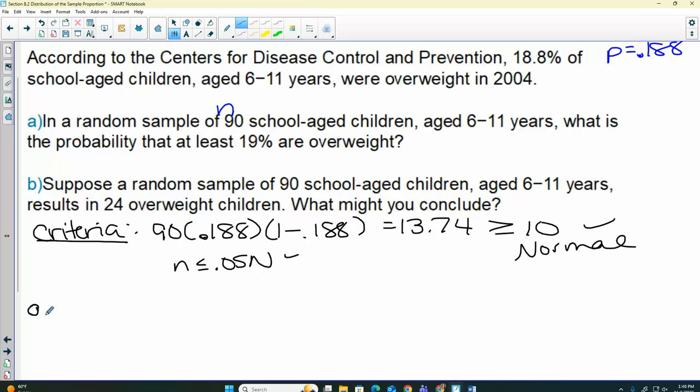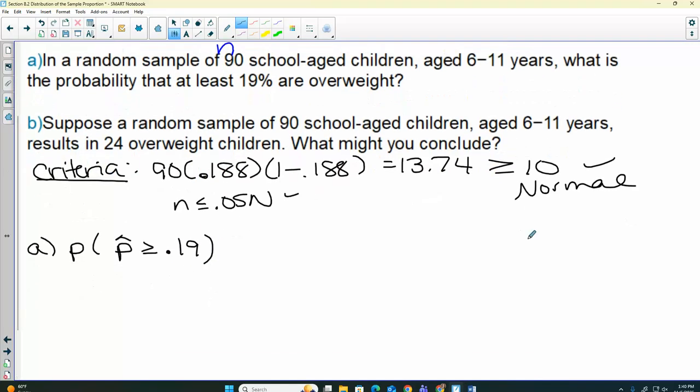So part A. I want the probability that at least 19%. If I'm talking about a percent, then I'm talking about a p hat. At least means greater than or equal to 0.19. What do you think I have to do first? We need our mean and standard deviation. The mean for p hat is our population proportion, which was 0.188.